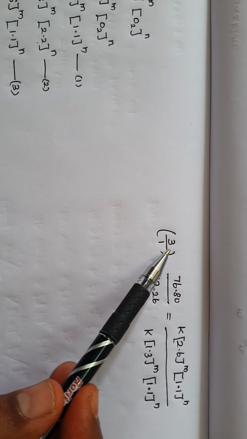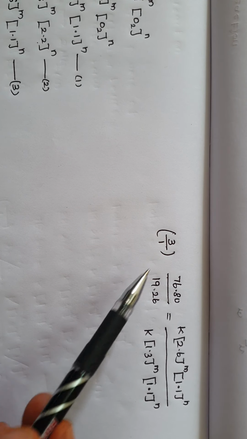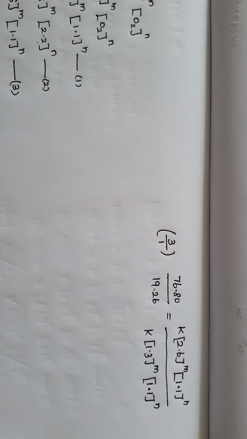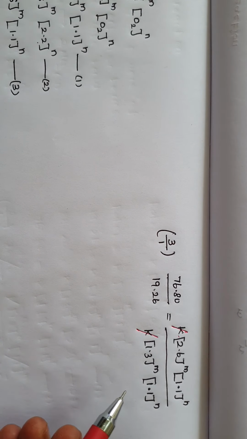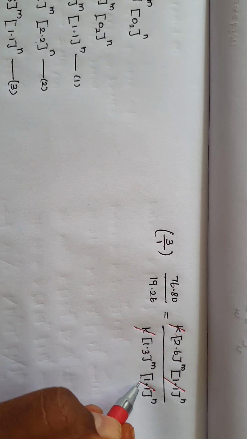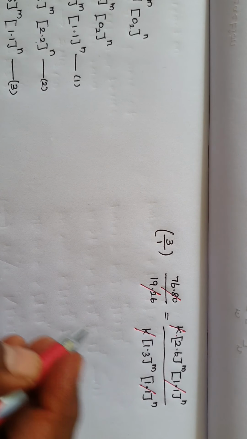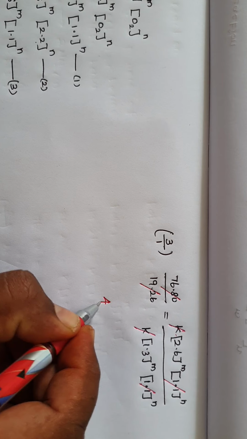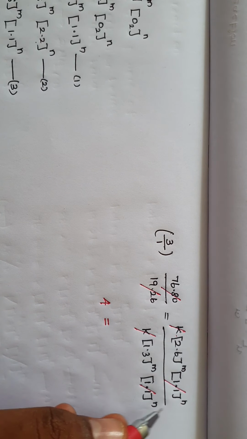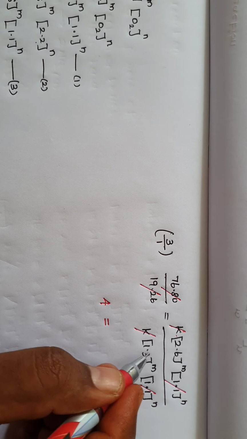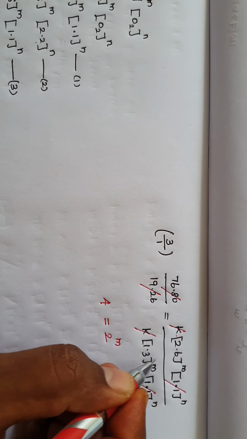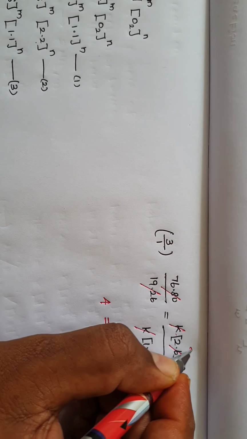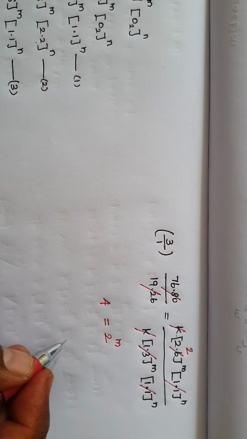By dividing equation 3 by 1, we can cancel the terms K and K, and 1.1 and 1.1 here also you can cancel with each other. So you will get 4 is equal to 2.6 by 1.3, 2 thirteens are 26, so 2 power m.